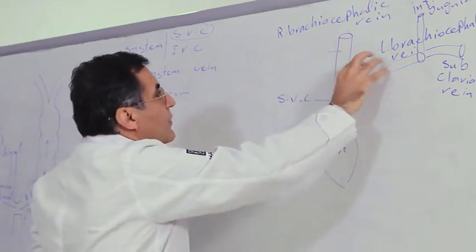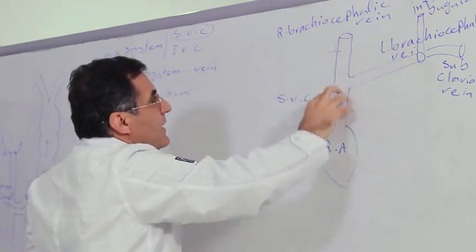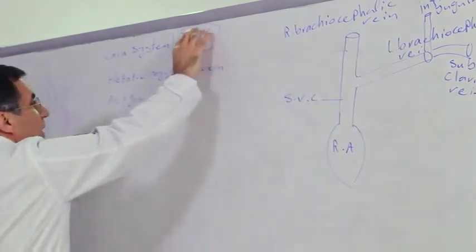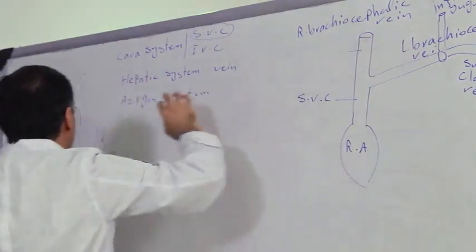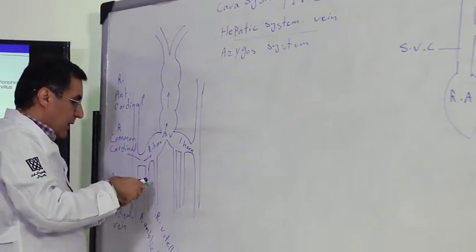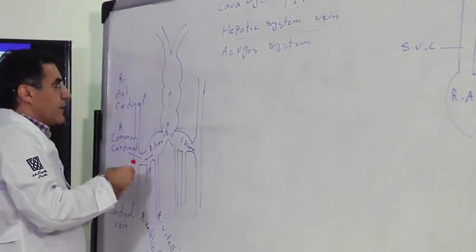And now I want to tell you how this system is formed. The superior vena cava, or these veins, are formed by right and left anterior cardinal veins. But how does it form?